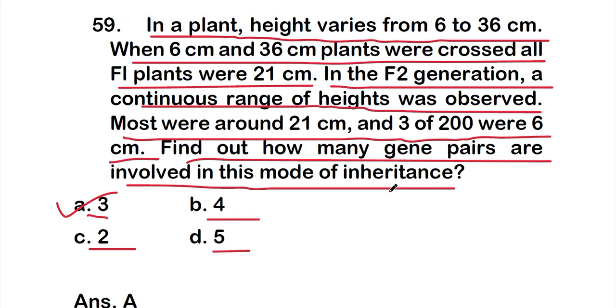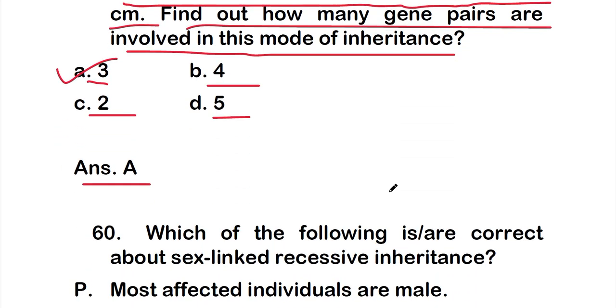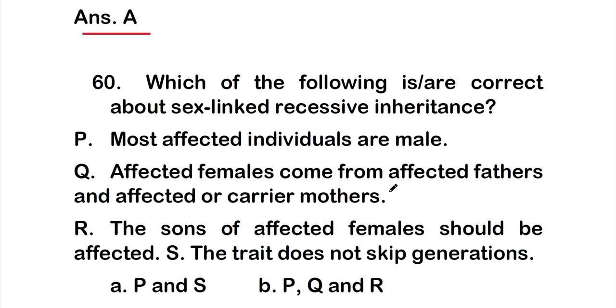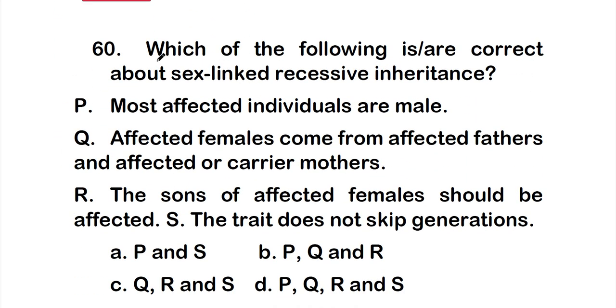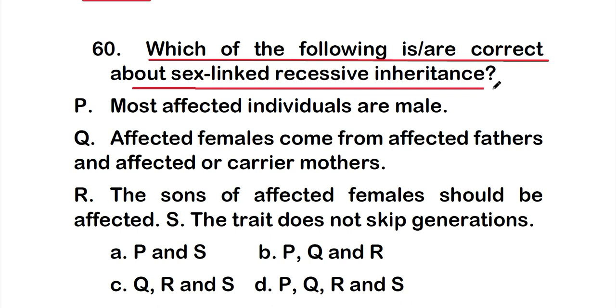Okay, so this is question number 59, and now let's move on to question number 60, the last question of this video. Which of the following is or are correct about sex linked recessive inheritance? Statement P is most affected individuals are male.